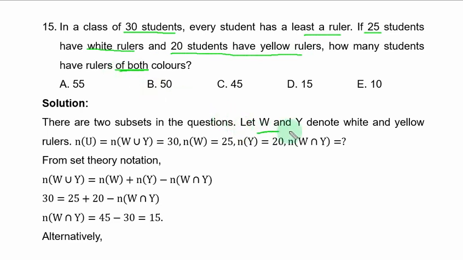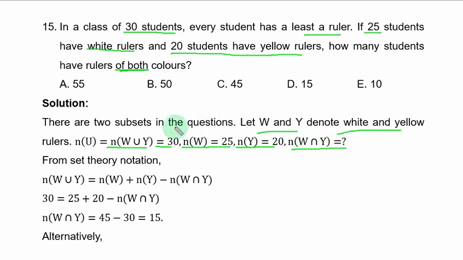Let W and Y denote white and yellow rulers respectively. Now, the total number of students that have rulers, that is the union, is equal to 30. Those that have white ruler, 25. Those that have yellow ruler, 20. Those that have both, unknown.